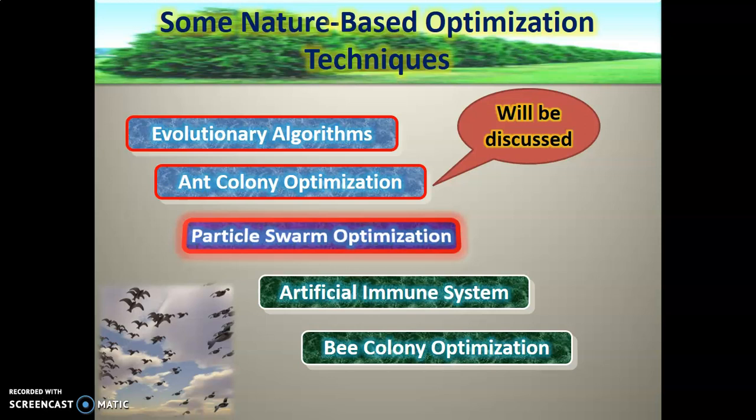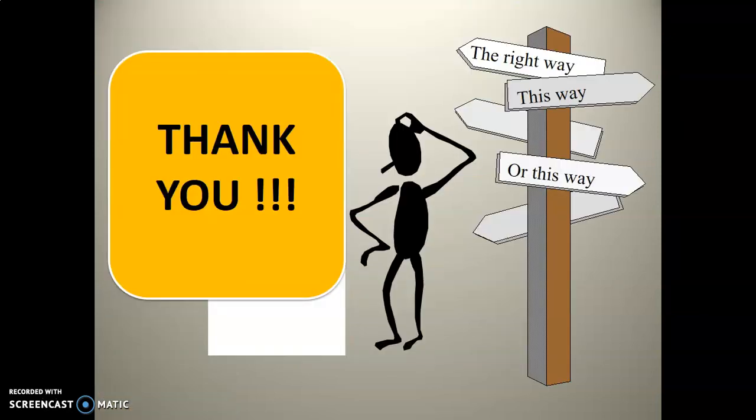In our next video, we will be discussing all these algorithms in detail. This was just a basic idea about bio-inspired optimization techniques. Basically, these techniques are based on the behavior of insects, termites, ants, how they behave in nature. According to their behavior, we can develop our own optimization technique for many problems.